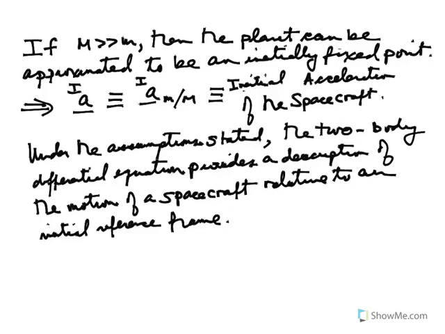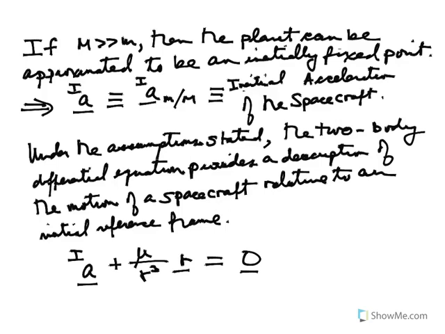So now let's go back to this equation for a minute. We have A_I plus mu over r cubed times r is equal to 0. And remember, because the acceleration is the inertial acceleration of the spacecraft, r, which is the position of the spacecraft relative to the planet, is being measured relative to an inertially fixed point.